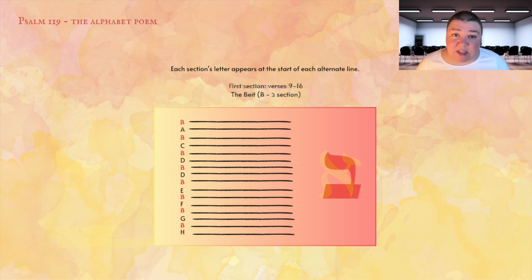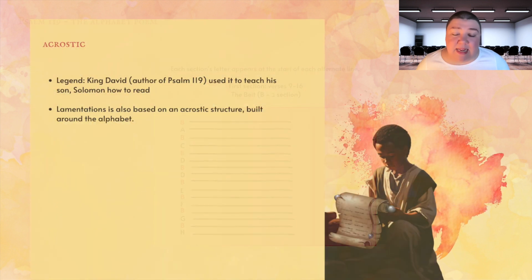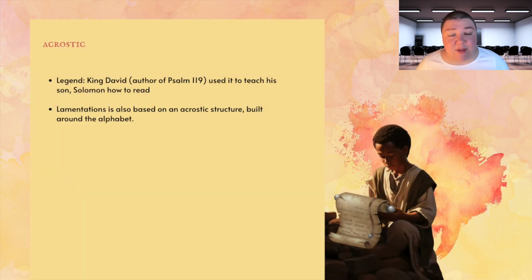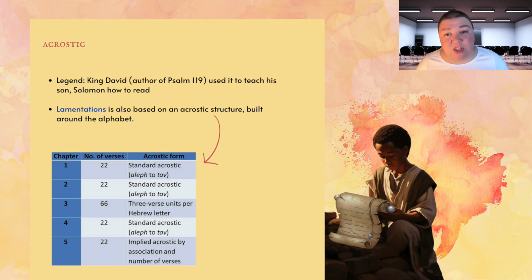The next section, verses 9 to 16, each verse begins with the second letter of the Hebrew alphabet, Bet. Legend states that King David, who wrote Psalm 119, used it to teach his son Solomon the alphabet, how to read, going through each of the letters. The Book of Lamentations is also based on an acrostic structure built around the alphabet.